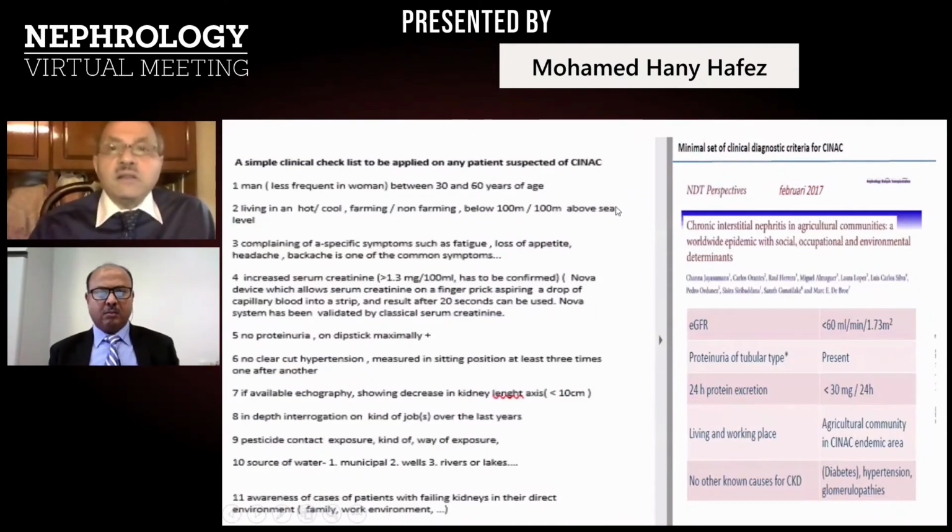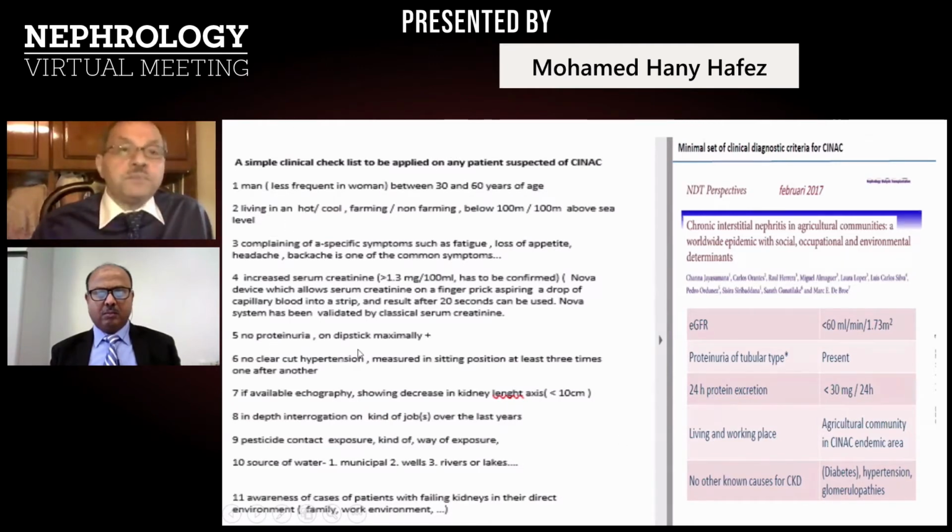We can detect it by minimal diagnostic criteria: decrease in the GFR, absence of proteinuria or tubular-type proteinuria, living and working in this agricultural community, and absence of other causes of CKD like diabetes, hypertension, etc. It is more common in men living in a hot climate, and these are good clues for this diagnosis.